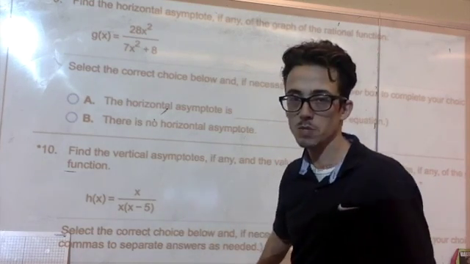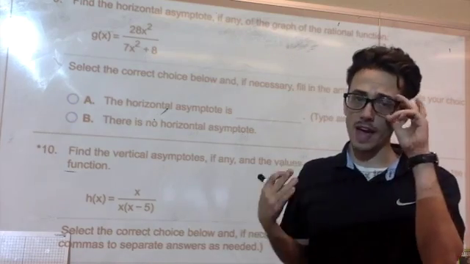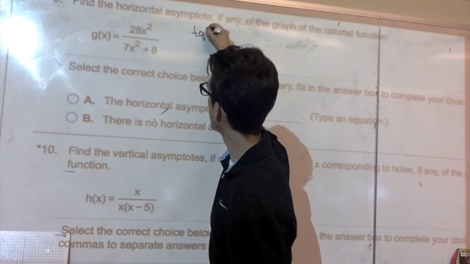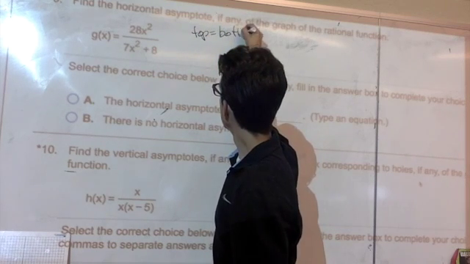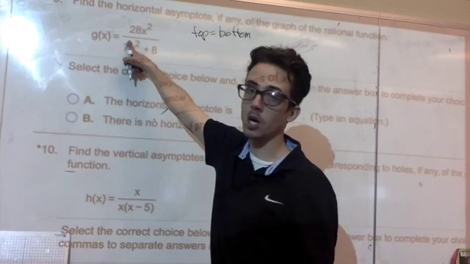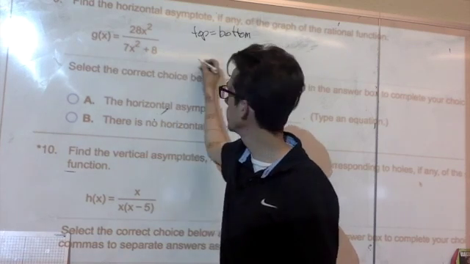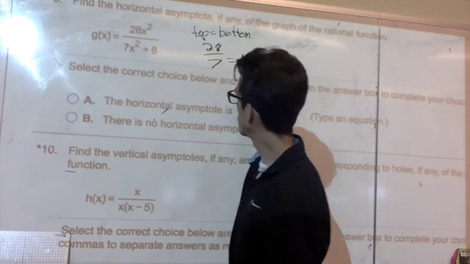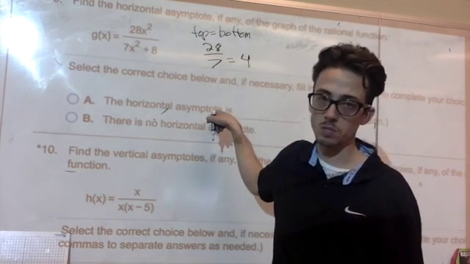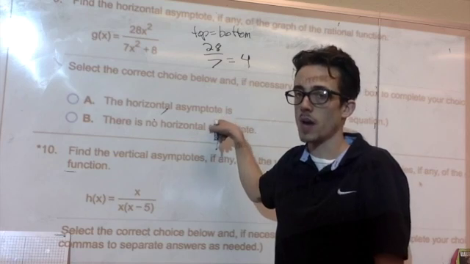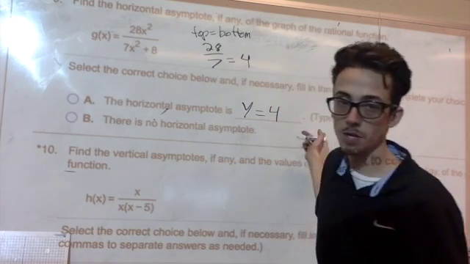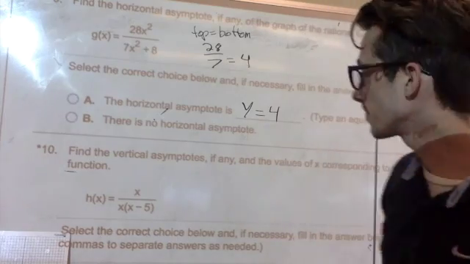For horizontal asymptotes, again, this falls heavily on the exponents. So here, our exponents are equal, so the top equals the bottom. So we take our coefficients of 28 over 7. So we say that there's a horizontal asymptote where y equals 4. And you want to type an equation here, so make sure you do that.